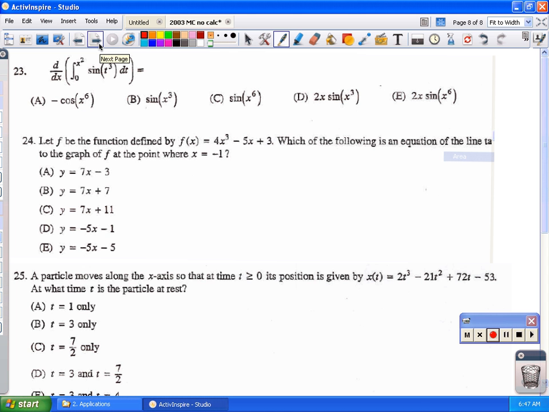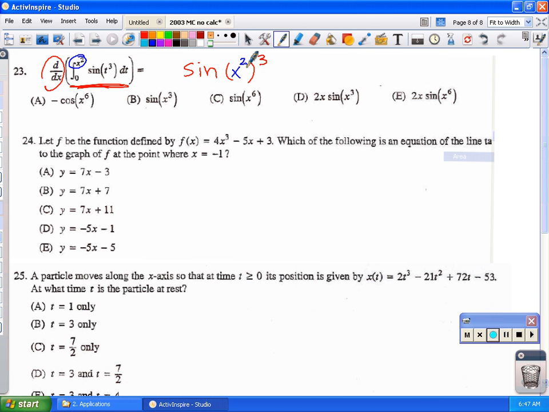Number 23, our favorite problem of all. We're finding the derivative of a definite integral. When we're finding the derivative of the definite integral, we take out the t. Okay, so I take the inside function, I take out the t. Step number 2, put in the new function. The new function is x squared, so I'm going to put the x squared where I took out the t.